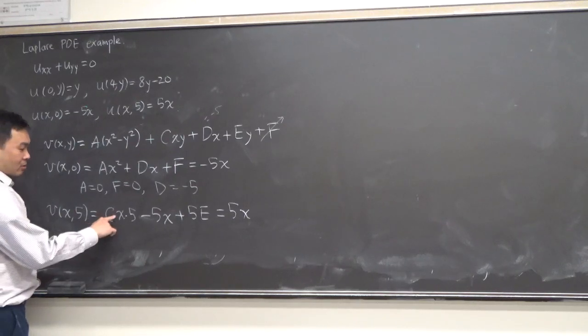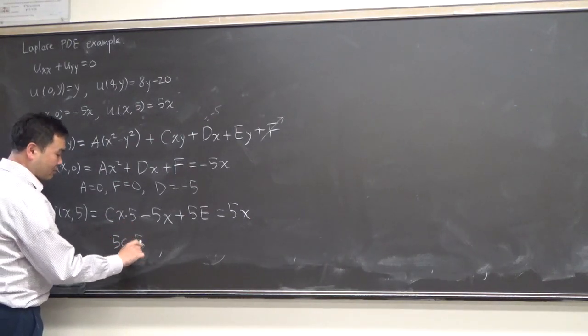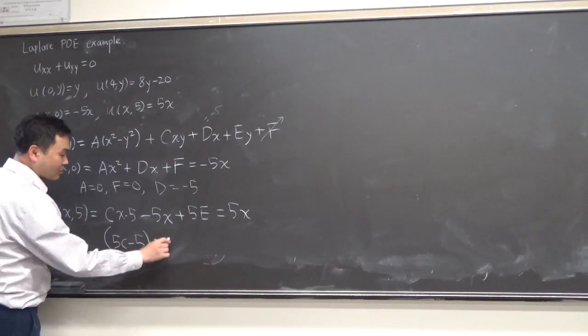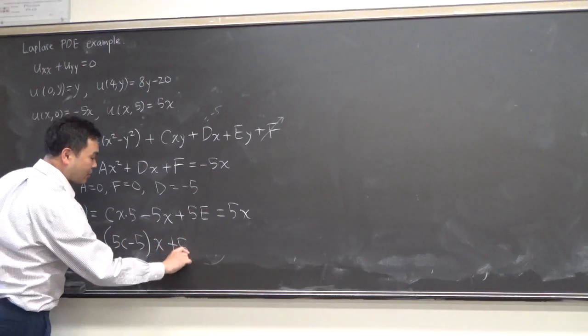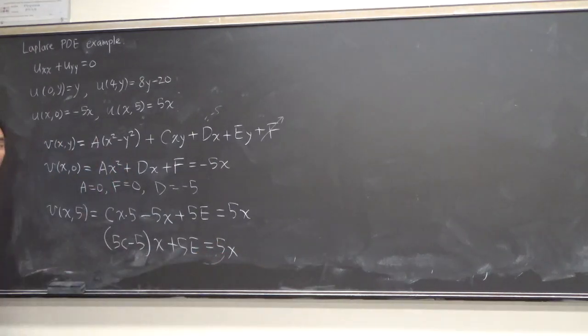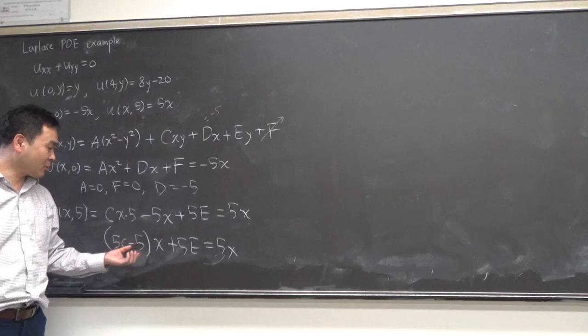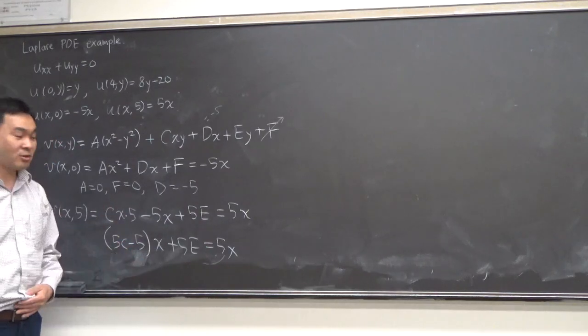And then I see that, oh, this is 5c minus 5 times x plus 5e. That has to equal to 5x. And again, this equality has to be equality of functions. That's important. I'm not saying that these are equal for some values of x, but for all values of x.